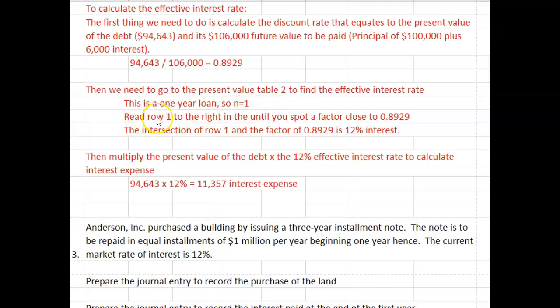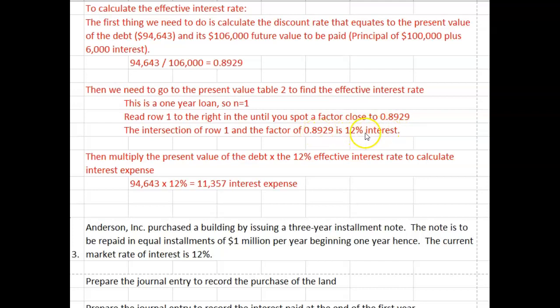We're going to read row 1, and we're reading row 1 because n equals 1, to the right until we spot a factor close to our factor of 0.8929. And where the factor intersects on row 1, you will see a 12% interest rate. That will be the effective interest rate.